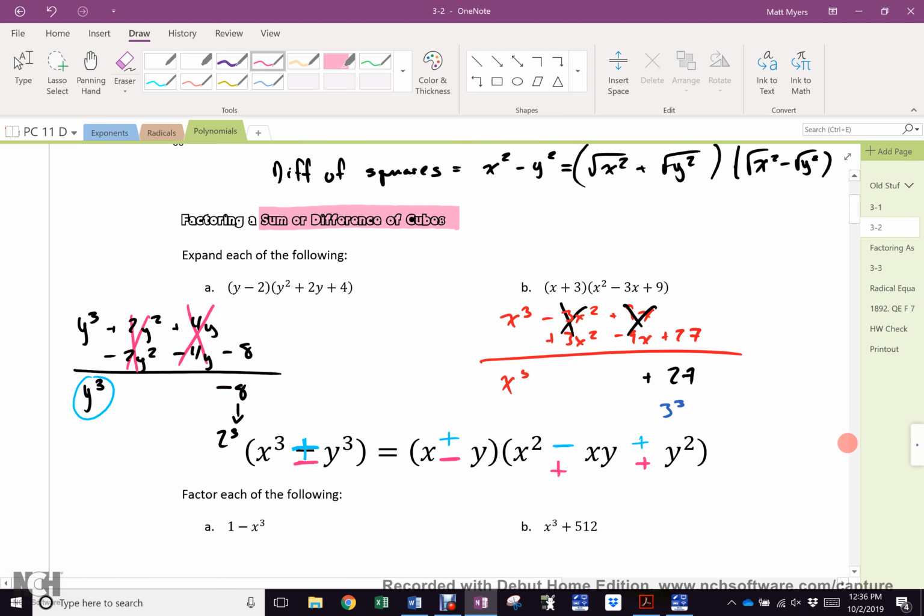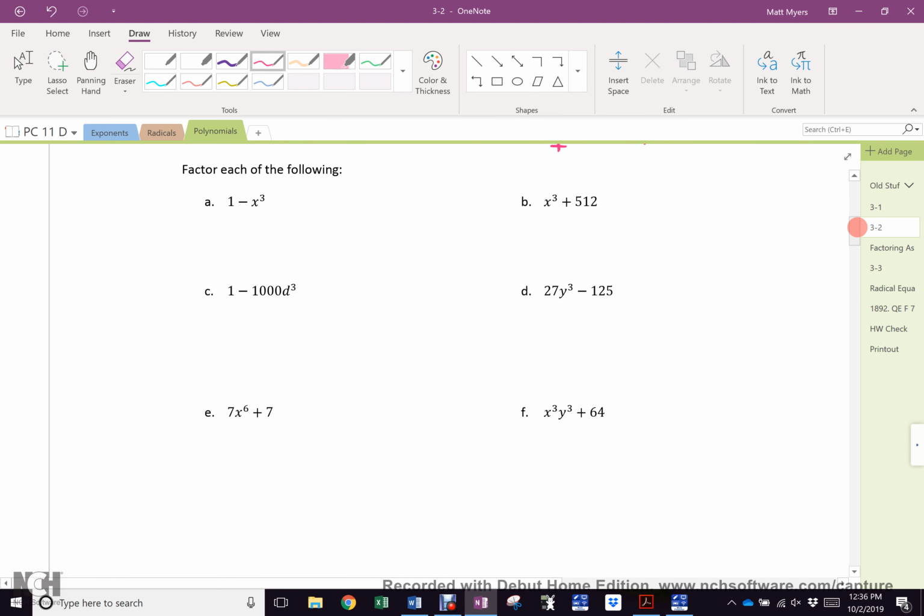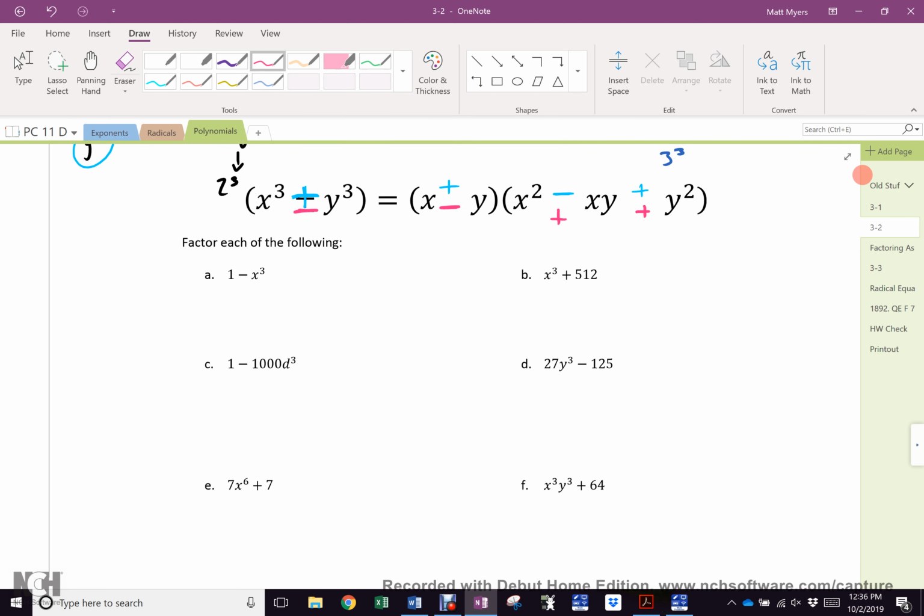All right, now let's try to put this into practice. It's going to be weird at first because I'm going to do something that is against what you would want me to do. This is our shortcut, yes? I have a negative there. Am I following the pink signs or the blue signs? The pink signs. So I know that my first binomial has to be the cube root of that and the cube root of that.